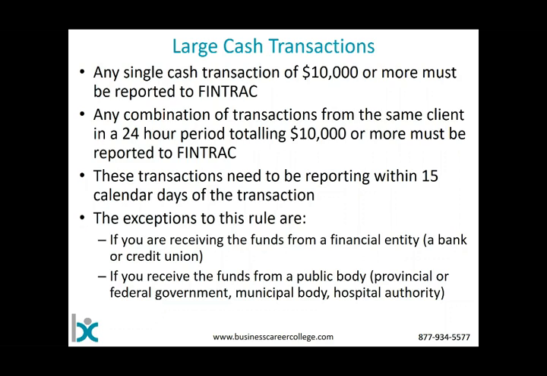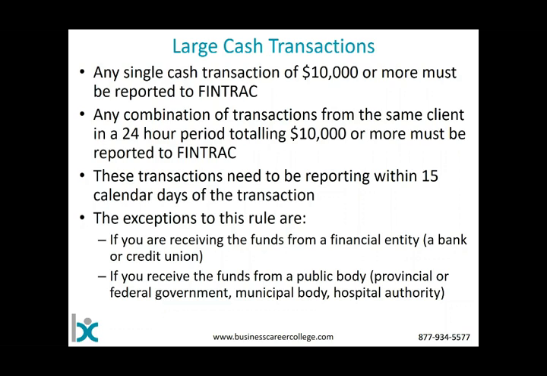The exceptions to this rule are very limited, but if you are receiving the funds from a financial entity, that's a bank or a credit union, or if you receive the funds from a public body, like a provincial or federal government, or a department of the provincial or federal government, a municipal body, so your city government or a department of that city government, or a hospital authority.